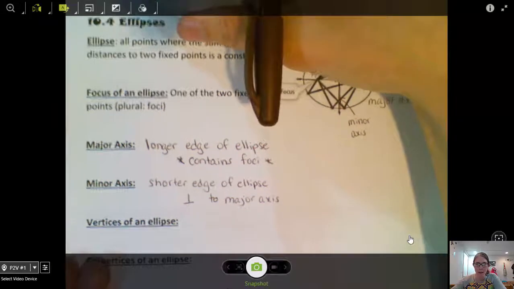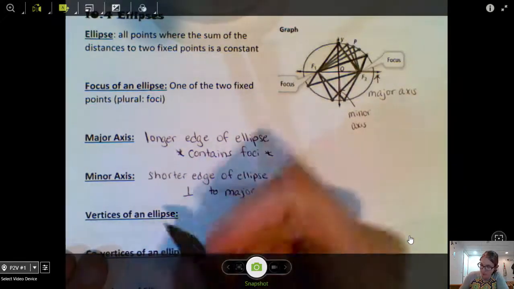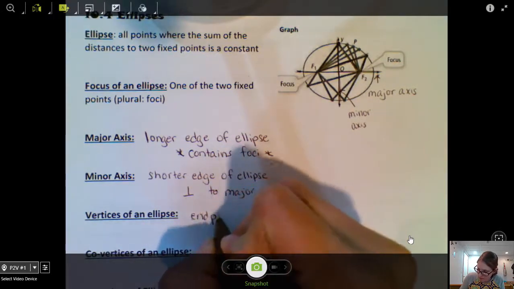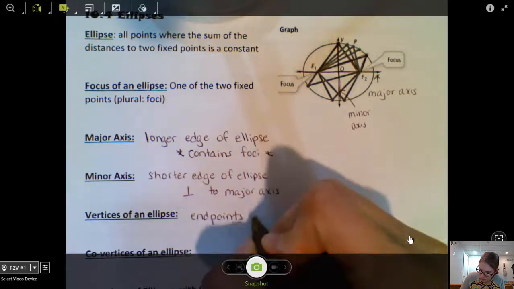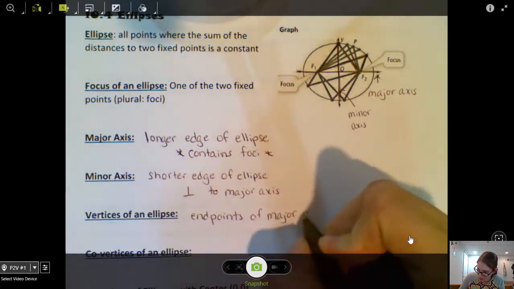All right, some more vocab. Vertices of an ellipse. The vertices of an ellipse are the endpoints of the major axis.